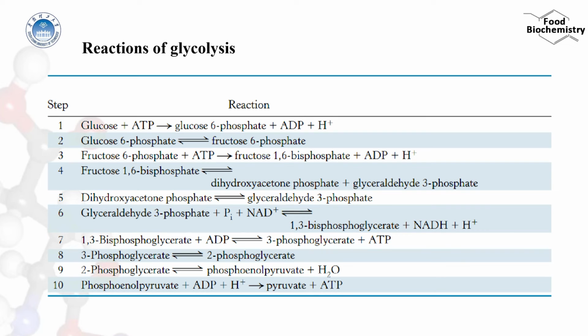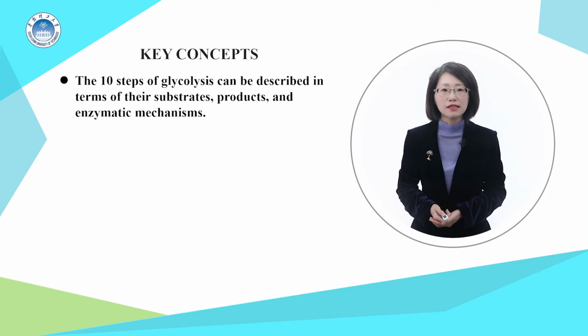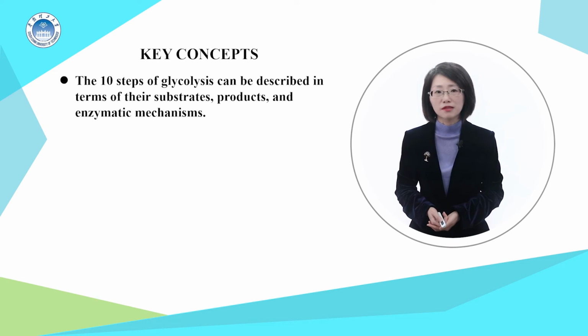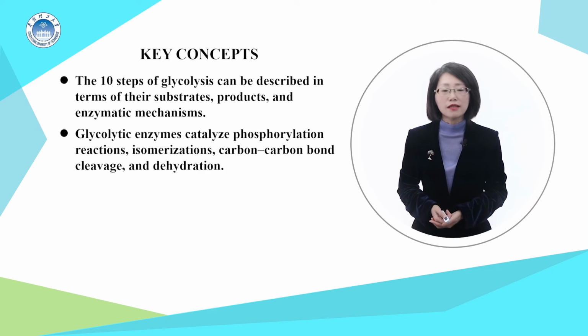This table summarizes the 10 reactions of glycolysis. The 10 steps of glycolysis can be described in terms of their substrates, products, and enzymatic mechanisms. The glycolytic enzymes catalyze phosphorylation reactions, isomerizations, carbon-carbon bond cleavage, and dehydration.